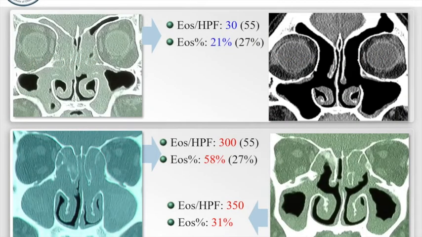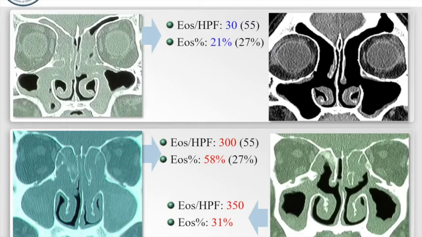Here, we go back to the previous cases to show the results of tissue biopsy. The upper case without recurrence shows a tissue eosinophil number of 30, which is lower than the cutoff value of 55, and the percentage is 21%, which is also lower than the cutoff value of 27%.